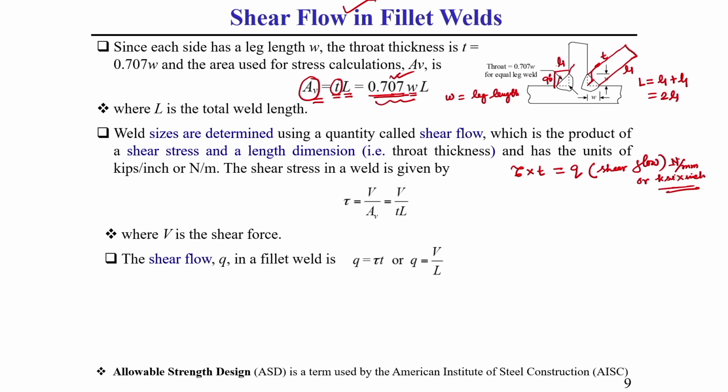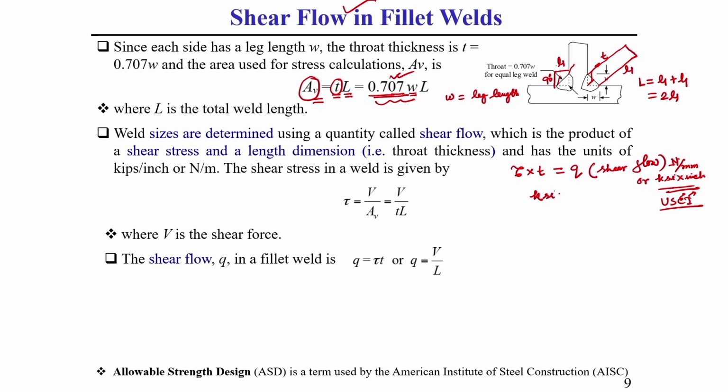Okay. These two units generally we will show in this study, because of the United States customary unit, USCU, you know this thing. They generally use pound, inch, these types of units.